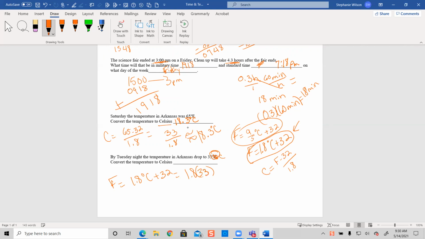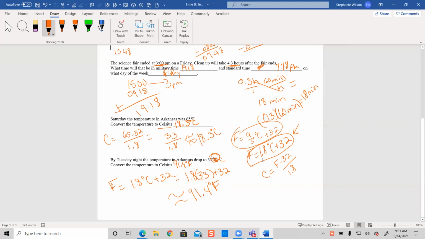So let's plug it in like that. So I have 1.8 times 33 plus 32. We're going to round to the nearest tenths, and in this case, it just gave it to us in the nearest tenths. So it's 91.4 degrees Fahrenheit. So it'd be kind of warm outside. So that is time and temperature.